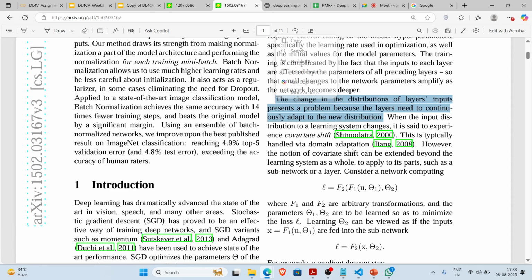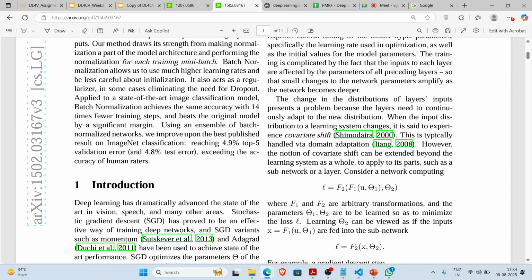So what happens is the distribution is changing. When the input distribution to a learning system changes, it is said to experience covariate shift. This is typically handled via domain adaptation. However, the notion of covariate shift can be extended beyond the learning system as a whole to apply to its parts, such as a subnetwork or layer.